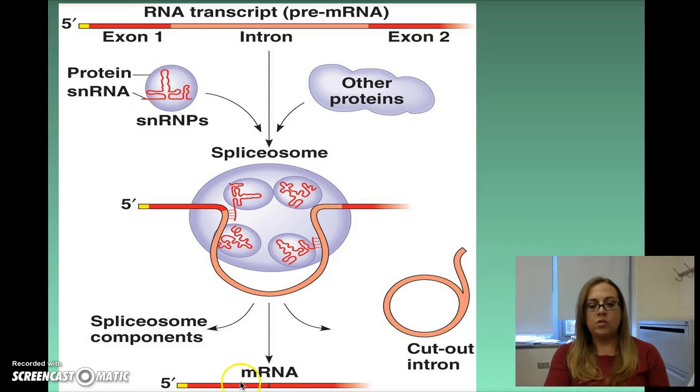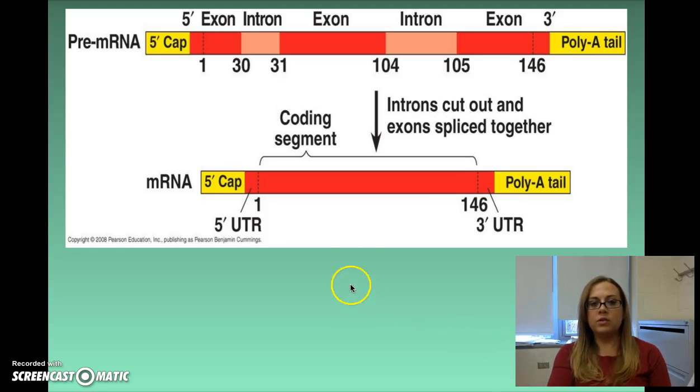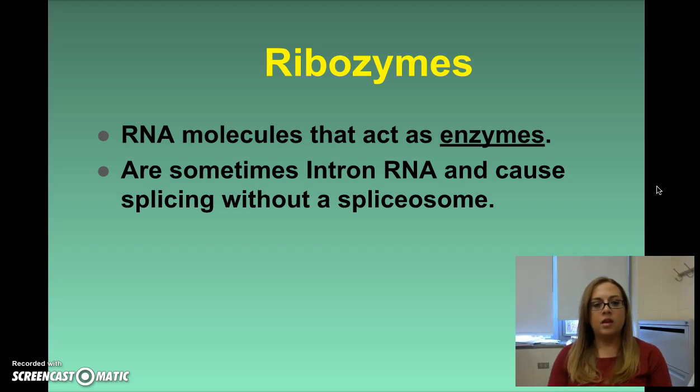So now you have exon 1 and 2 joined together, and you have the intron that has been removed. So once you do that to all the introns in your pre-mRNA, you end up with an mRNA transcript that has been processed. So now we've got our 5' cap, we have our poly A tail, and now we have only the coding regions of the mRNA.